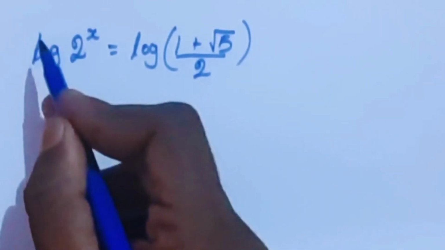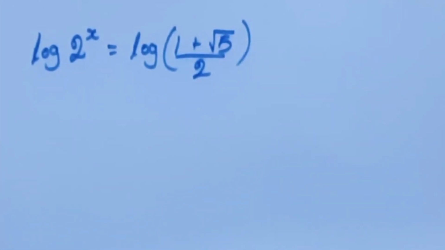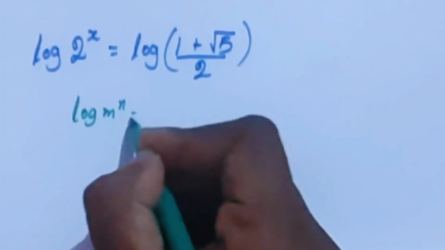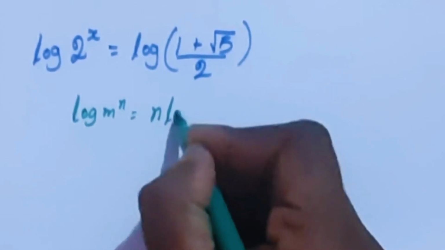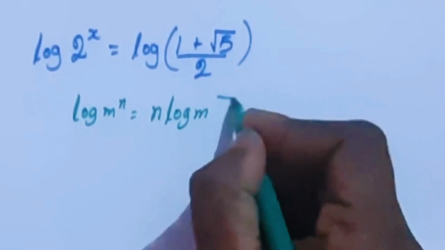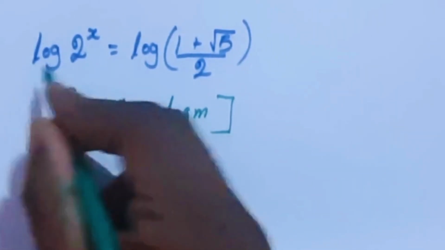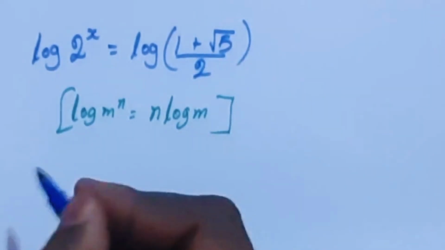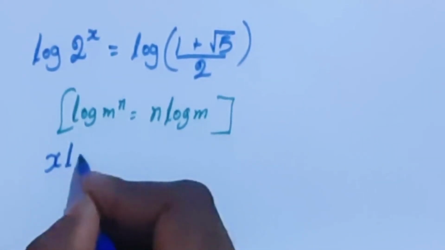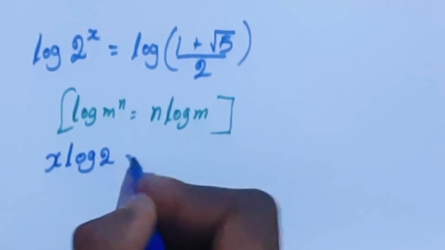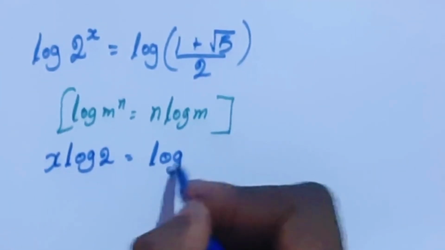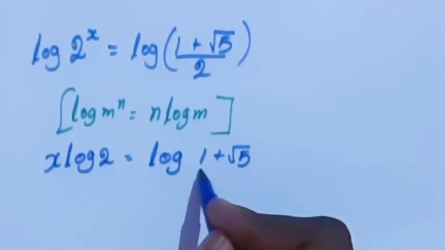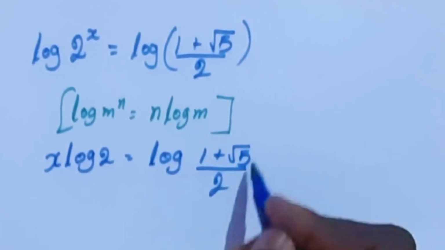Here we are going to apply the log power formula, that is log m^n equal to n log m, so that this x comes before log. x log 2 equal to log of (1 plus square root of 5)/2.